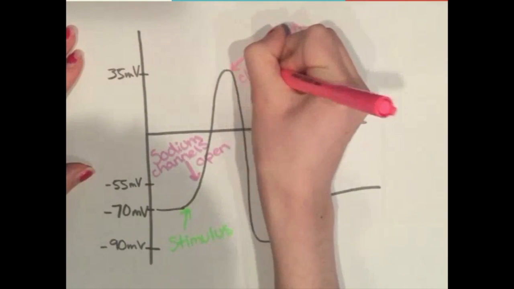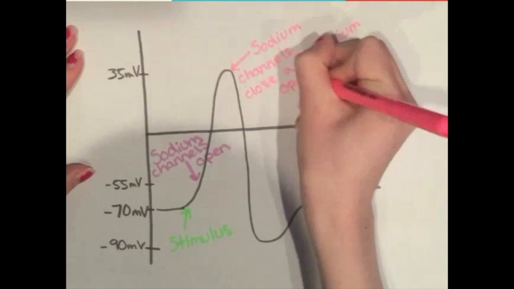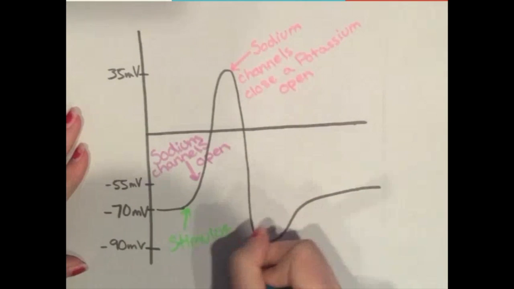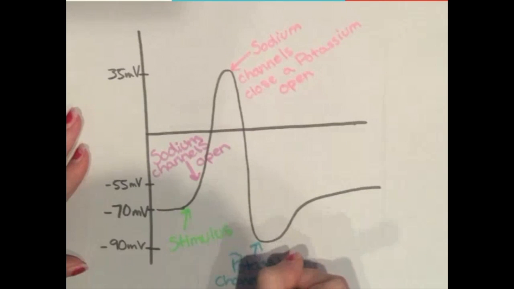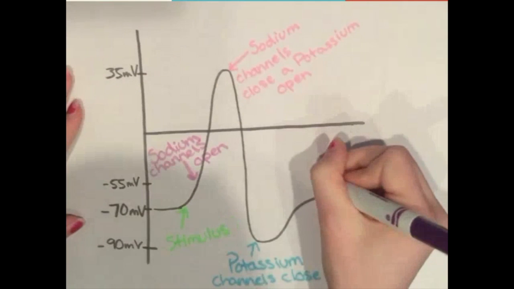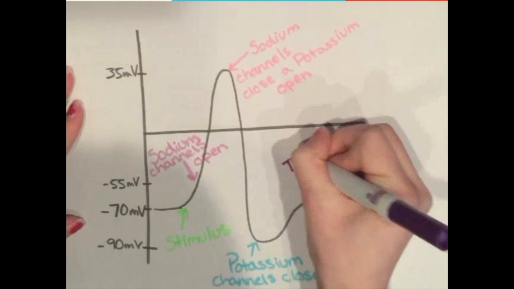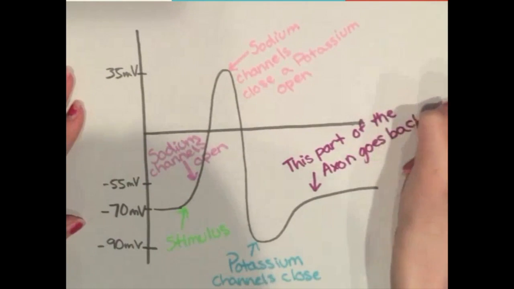The new diffusion of sodium ions causes a change in the voltage that opens the potassium ions and closes other sodium channels around it. The new diffusion of potassium then changes the voltage back, and the potassium ion channels close again. This part of the axon goes back to resting potential.